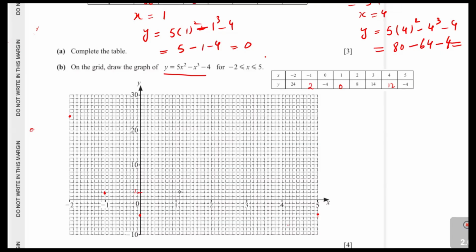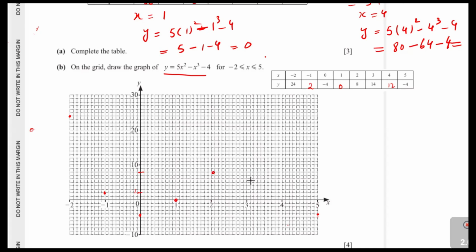Next position is 1, 0. Look here, this is 1 and y-coordinate is 0 on x-axis. X-coordinate has some value and y-coordinate has 0 value. Therefore, this position is 1, 0. Next is 2, 8. Look here, this is 2 and this position is 8, where the vertical line from 2 and horizontal line from 8 meet. That position is 2, 8.